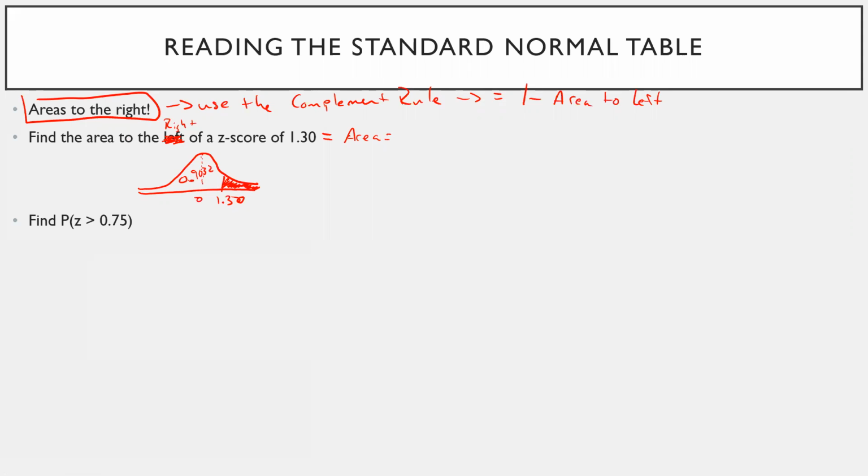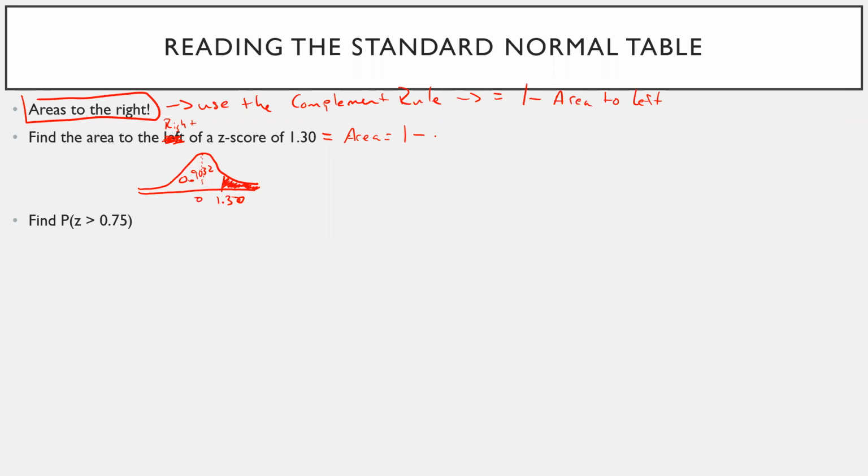Okay, that's all the area to the left. Now I don't want that area. Okay, so I'm looking for the remaining area. Well, the total area under the curve is 1. So to find the remaining area, just take this away from 1.